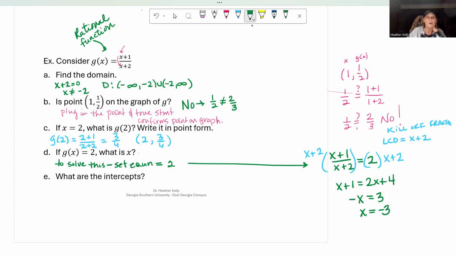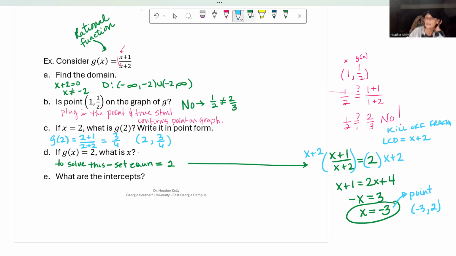So, if g of x is equal to 2, what is x? x is equal to negative 3. How could we write that as a point just for giggles? That would be (-3, 2). That would be the solution point for that.